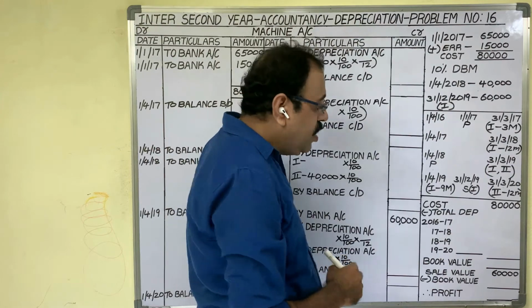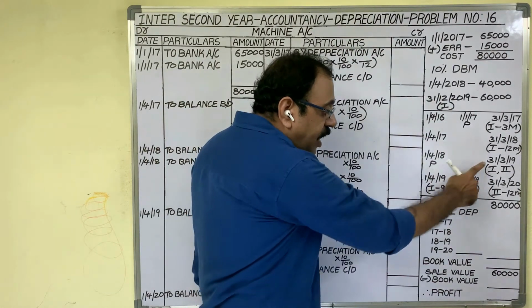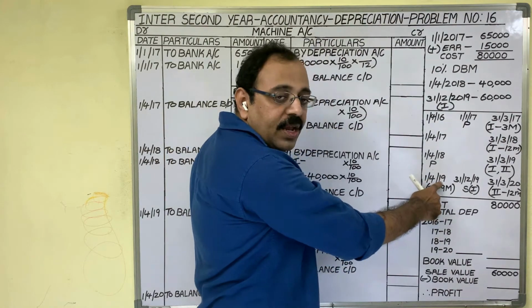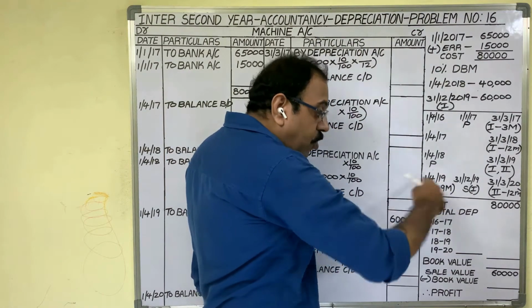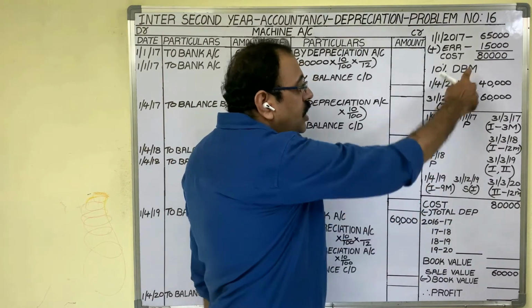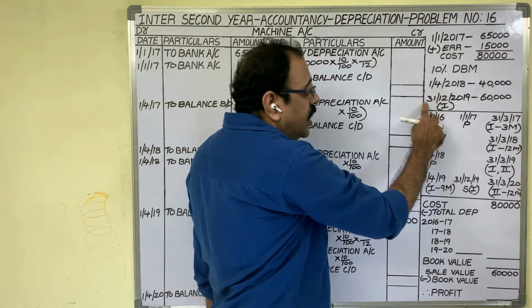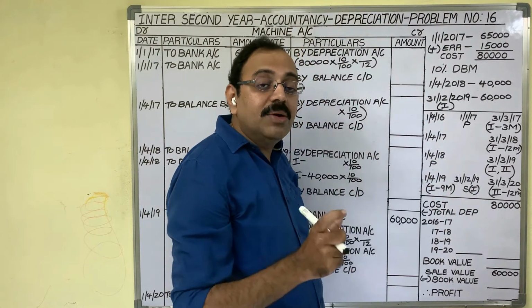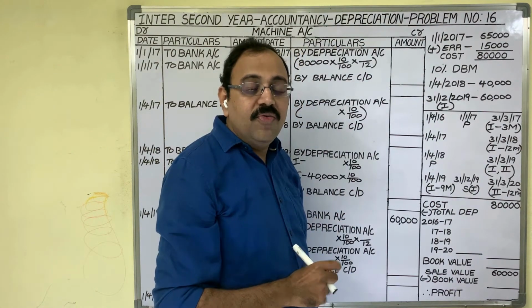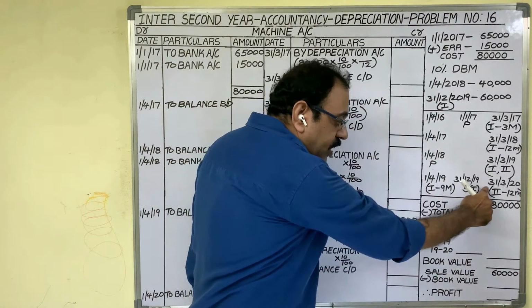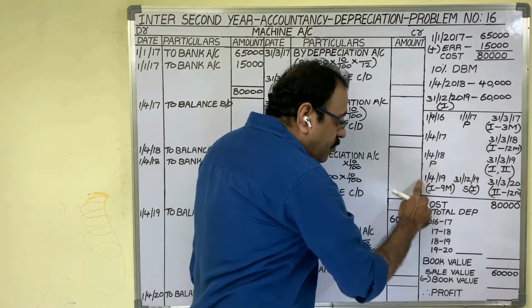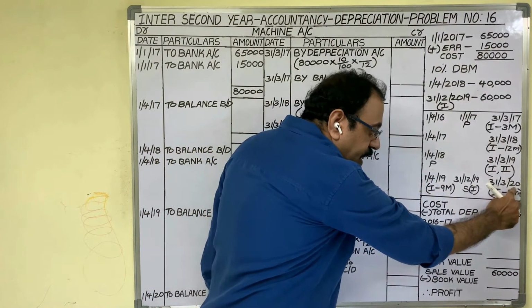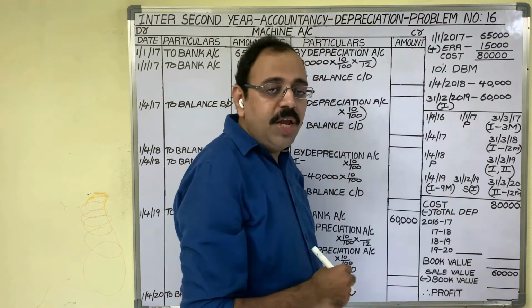Come to the fourth year. The fourth year starting date is the next immediate date, 1st April 2019. And in the fourth year, they sold the first asset on 31st December 2019. 31st December 2019 falls in the fourth year. Fourth year dates are 1st April 19 to 31st March 20. The first asset is used for how many months?